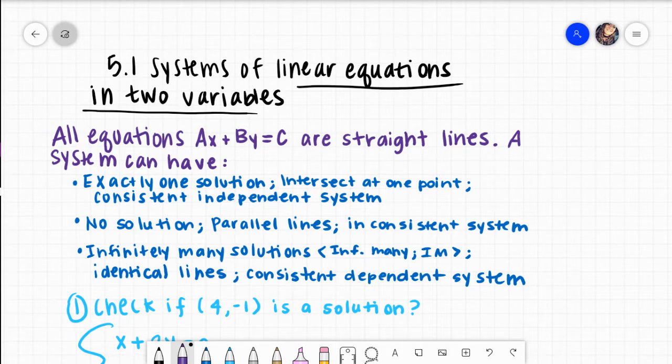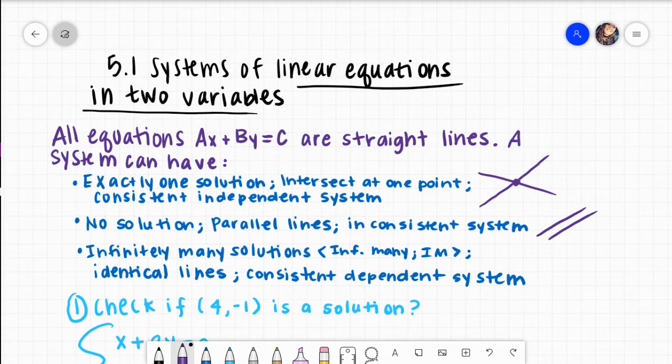Okay, for that first example, when it has exactly one solution, you have a line and then another line, and they intersect at one point. For no solution, you have parallel lines.